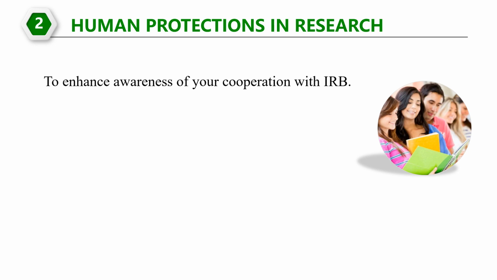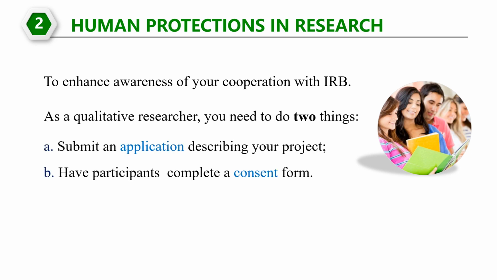You need to know that these boards exist because they are required by federal mandate to review projects. As a qualitative researcher, you need to do two things: submit an application describing your project and help participants in your qualitative study complete a consent form.